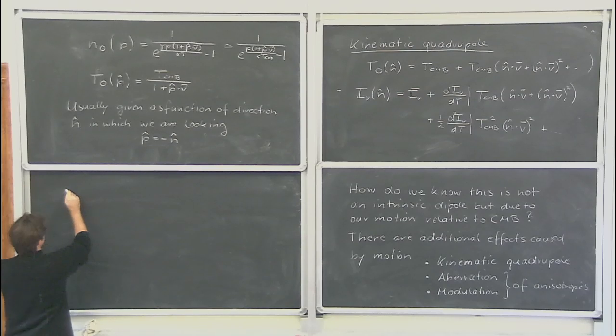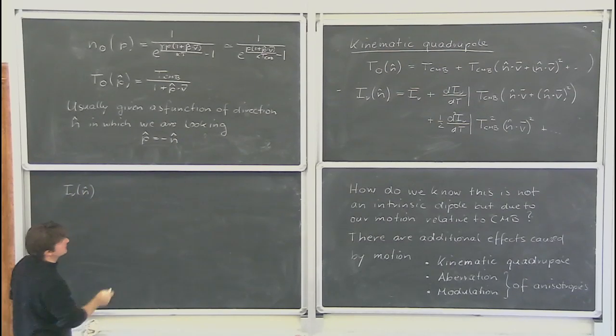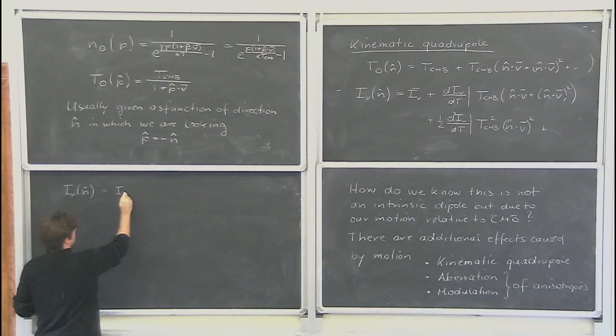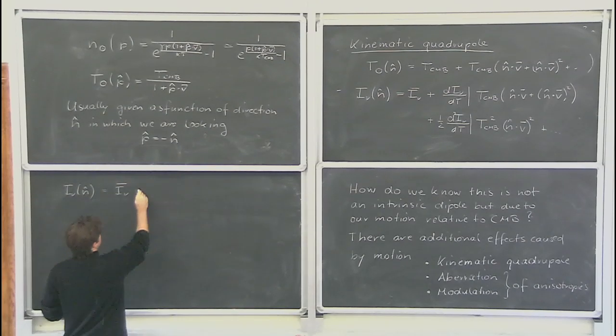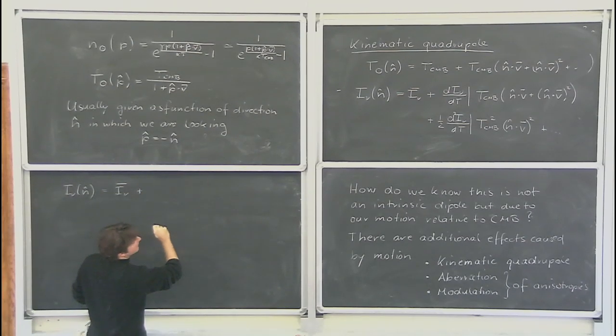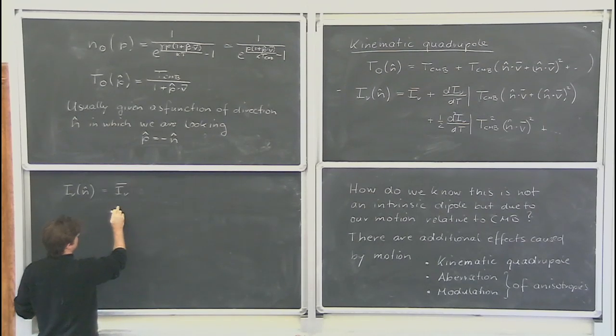So this is I_nu as a function of the position in the sky: it's the monopole plus, and then maybe let me leave some space here and continue here with the dipole.